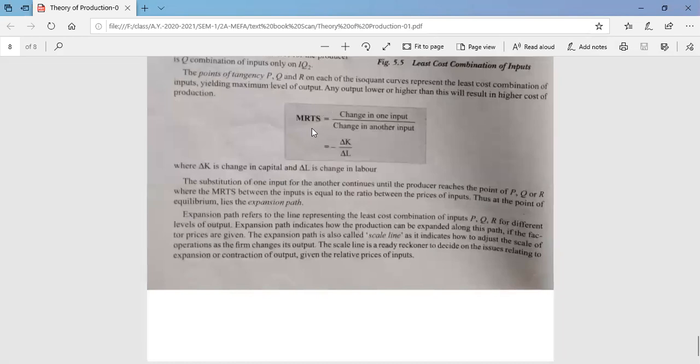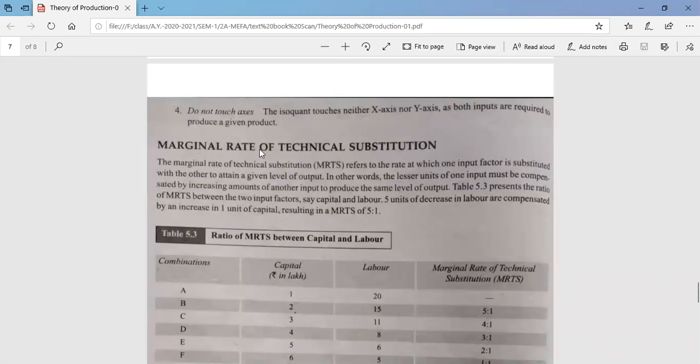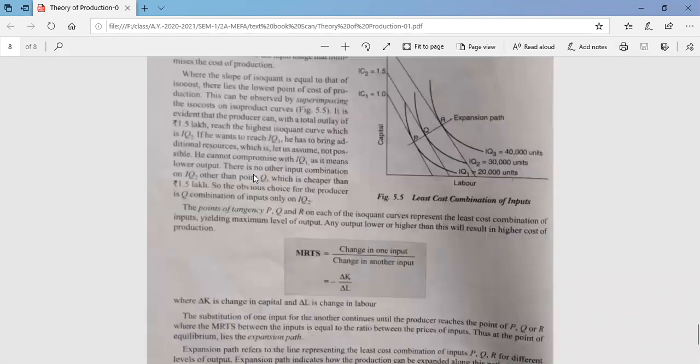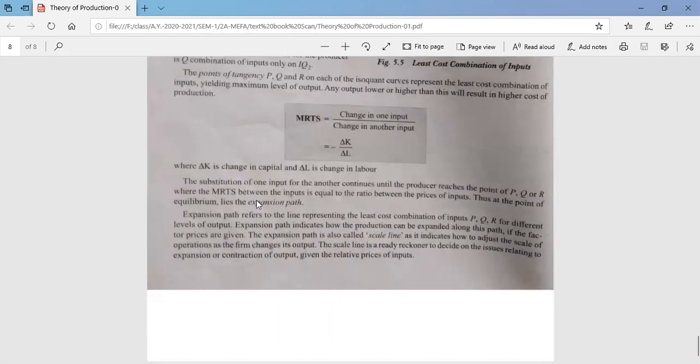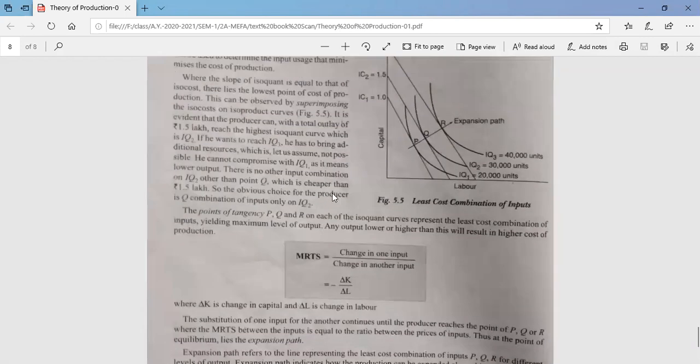We are calculating MRTS, marginal rate of technical substitution. So it is the change in one input to the change in another input. Okay. Delta K is the change in the capital, and delta L is the change in the labor. Okay. What is this expansion path?